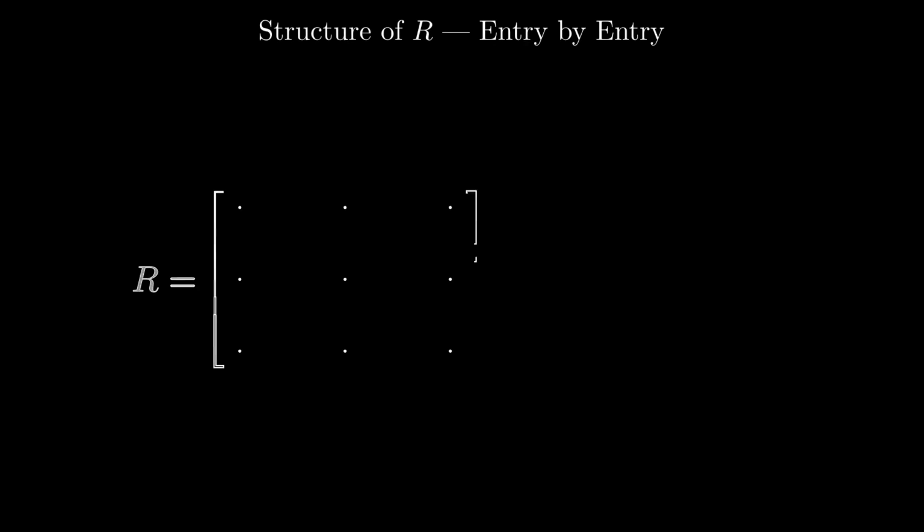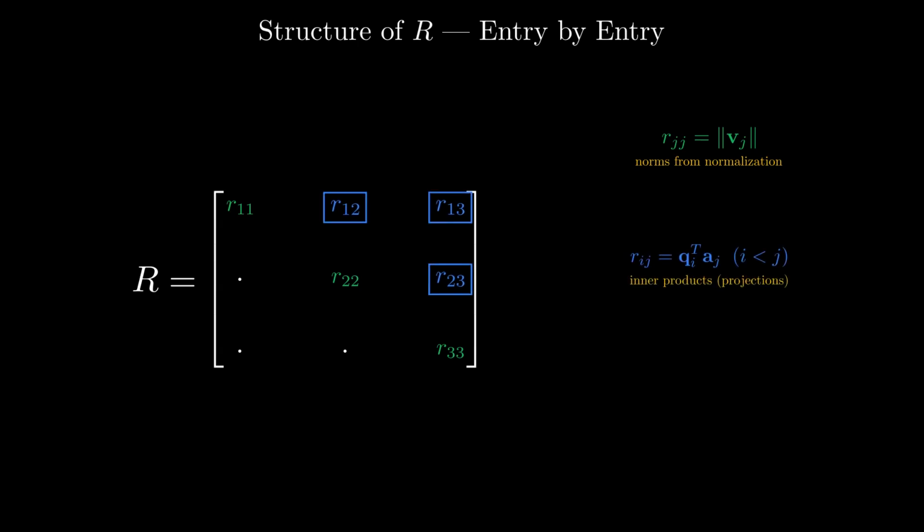Let's look at R entry by entry. Start with the diagonal r11, r22, r33. These are the norms that come from Gram-Schmidt's normalization step. They tell us how long each intermediate vector vj is before we scale it to a unit vector. Now look above the diagonal, r12, r13, r23. These are inner products measuring how each column aj projects onto the earlier q vectors.